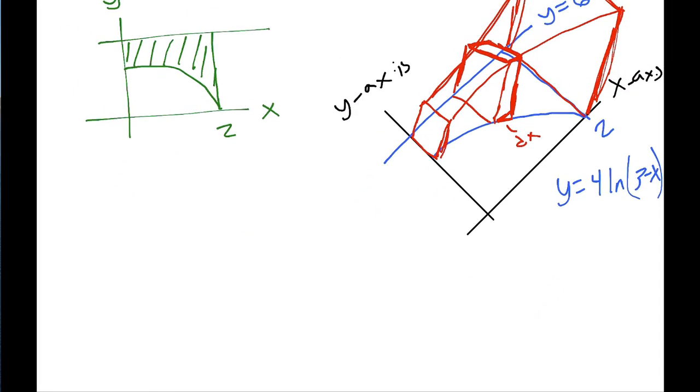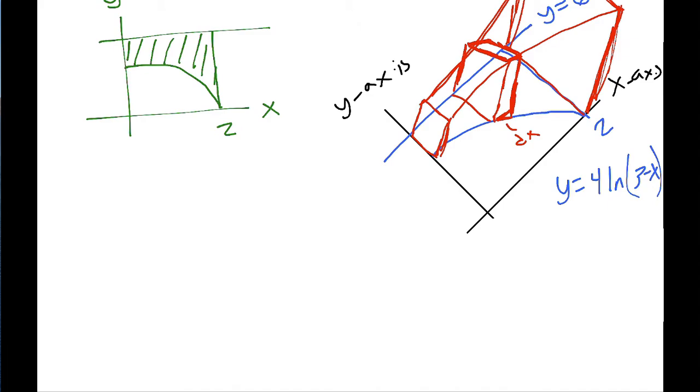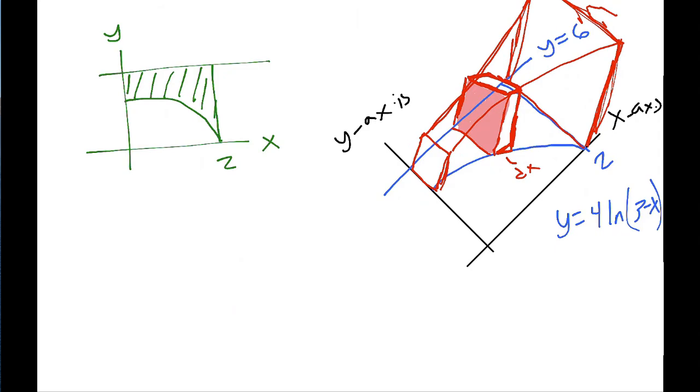And if we wanted to find the volume of just that one tile, notice that this shape right here is a square. That shape of that one tile is a square. So the volume of that one square would be the area of that square. Well, think about the area of that square.